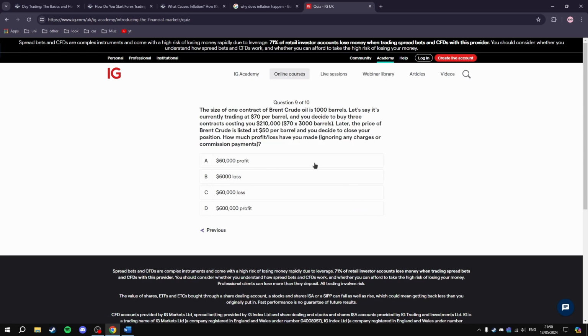The size of one contract of Brent crude oil is 1,000 barrels. Let's say it's currently trading at $70 per barrel, and you decide to buy 3 contracts costing you $210,000. Later, the price of Brent crude oil is listed at $50 per barrel, and you decide to close your position. How much profit or loss have you made? It's going to be a loss again because the price went down.